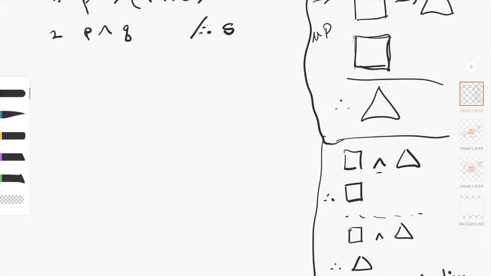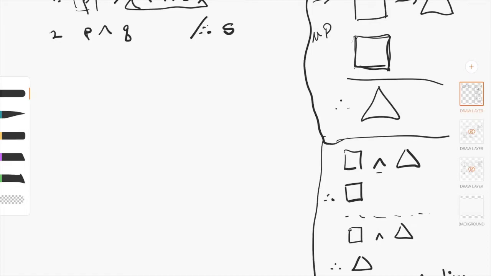Well, if line 1 is the first premise of modus ponens, this would be its overall shape, right? In the square, we would have just the variable P, and in the triangle, we would have the well-formed formula R and S. So, in order for me to make modus ponens work, I would need P on a line by itself.